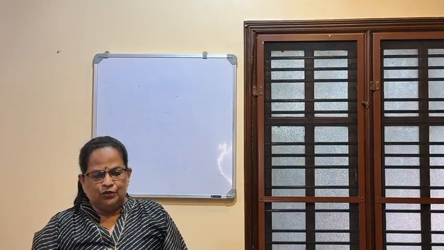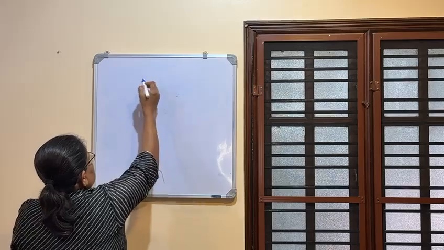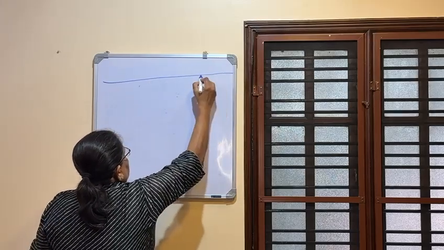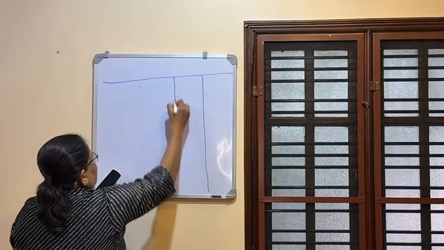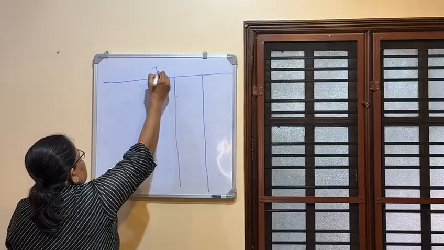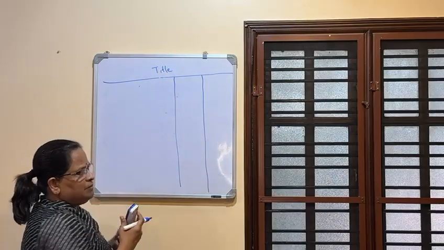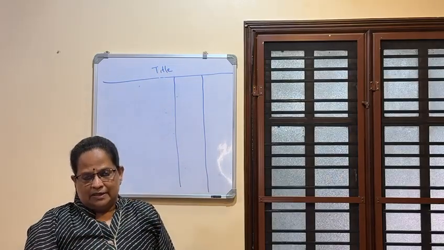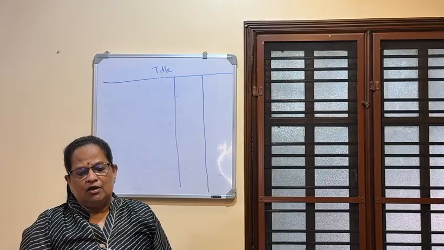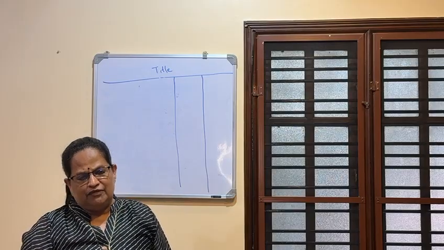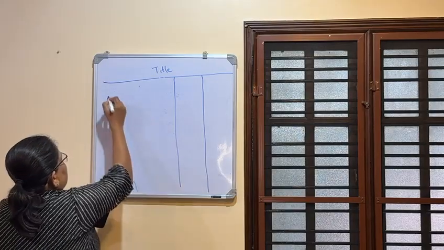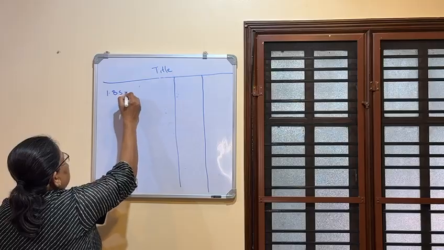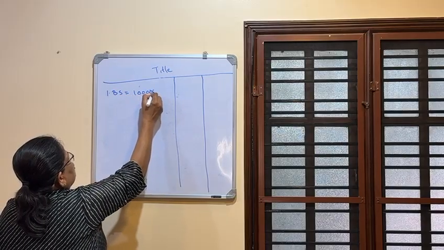Now, here we have to do the problem. First the title should be there: table showing the computation of taxable salary of Mr. N for the assessment year 25-26. First is basic salary, 1 lakh into 12.